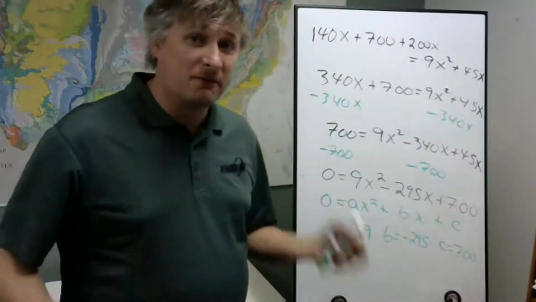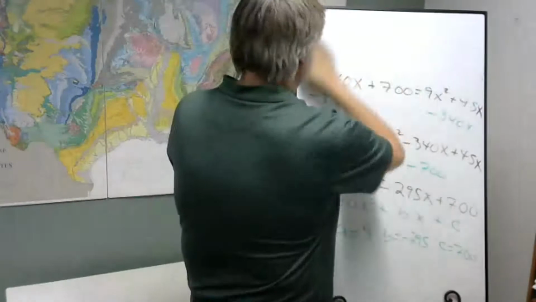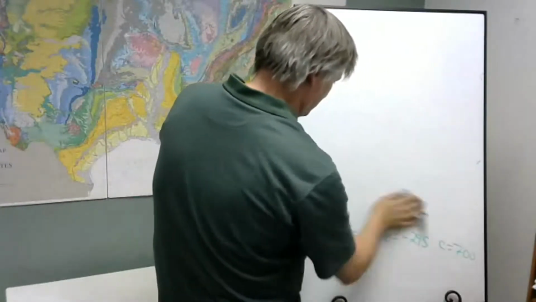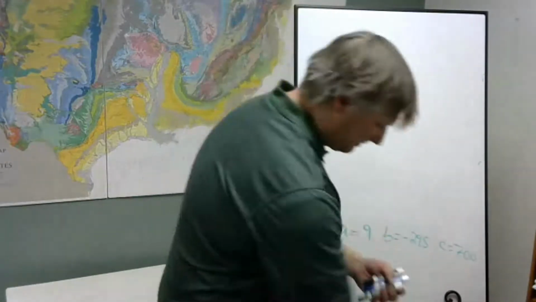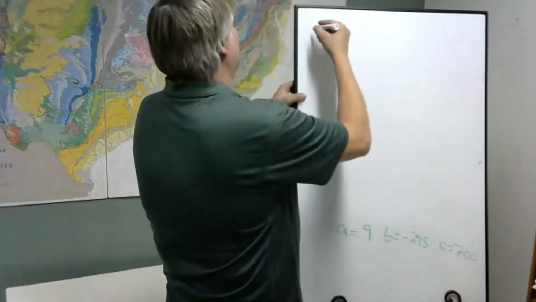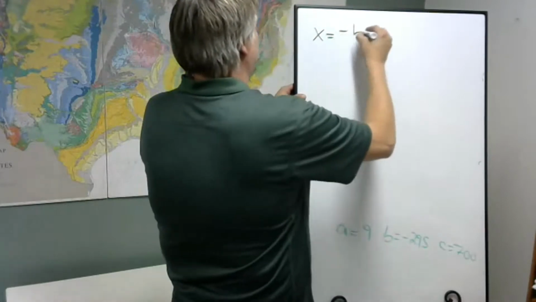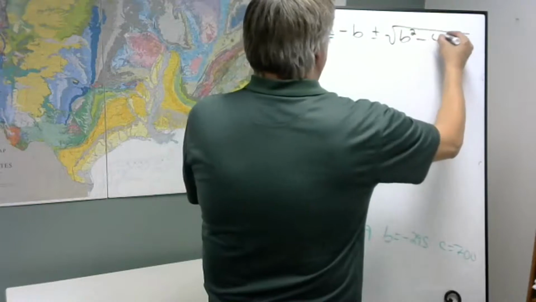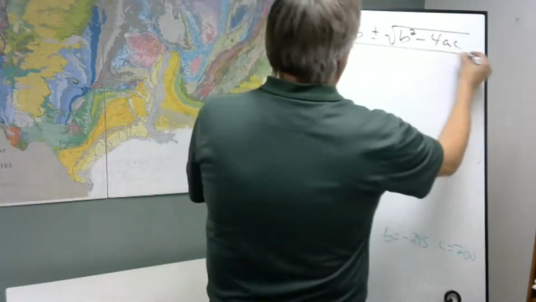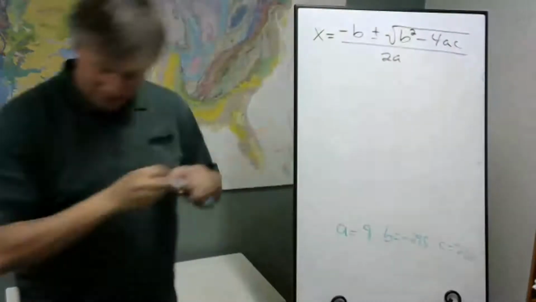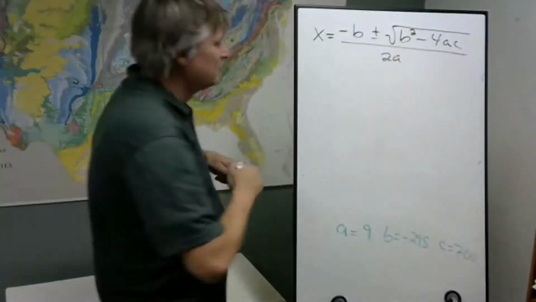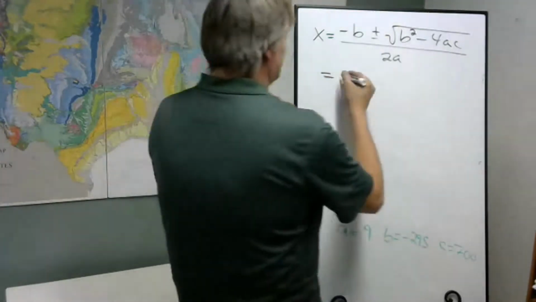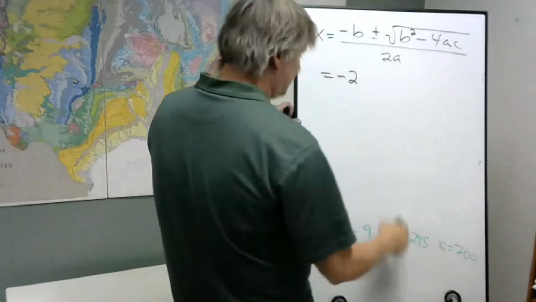So now we use the quadratic formula. Now the quadratic formula is negative b plus or minus the square root of b squared minus 4ac, divided by 2a. So we're just going to take what we have here and substitute it. So negative 295, we're going to take the opposite.